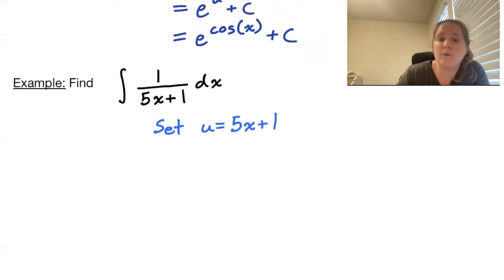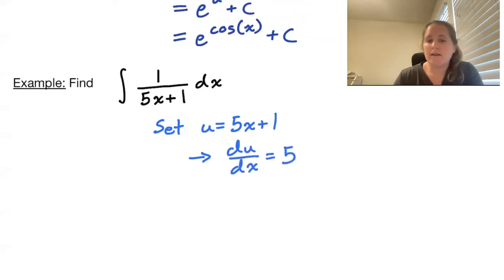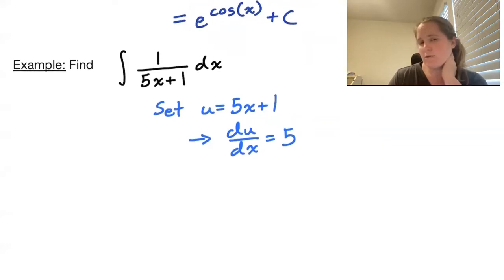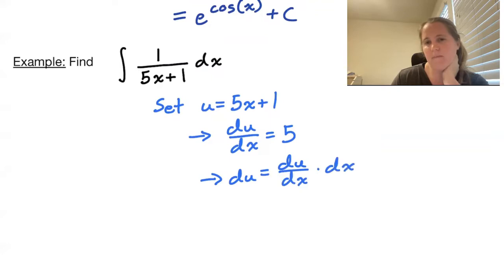We know how to integrate 1 over x. We haven't worked with anything else yet. So u is equal to 5x plus 1. That means du dx is simply 5. And just a quick reminder, we did differentials previously, and the differential du was equal to du dx times dx. And so du is equal to 5 dx.